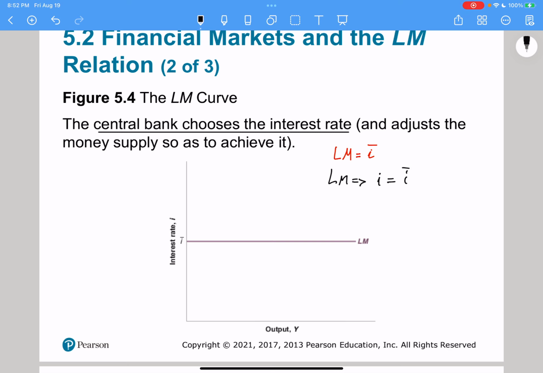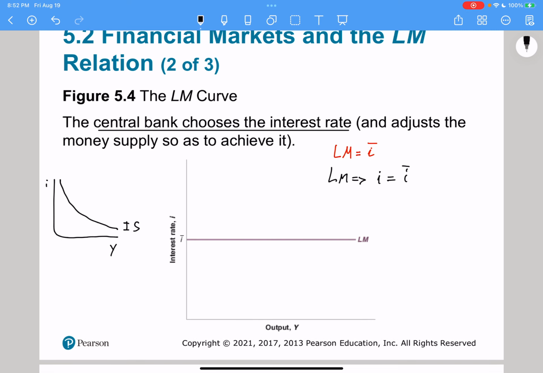So we put in the same Y, I graph. We have already done the IS, and now we are adding this straight line, which is the LM, and this LM represents this guy here, I bar, right?